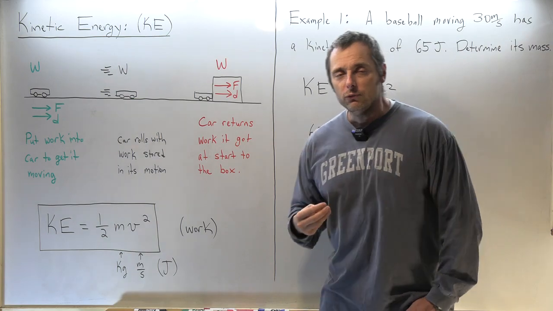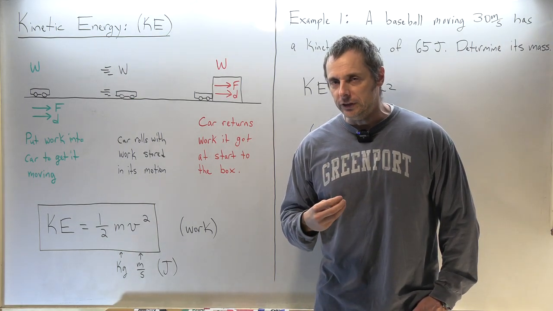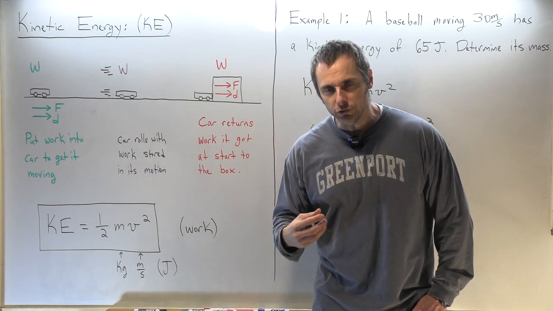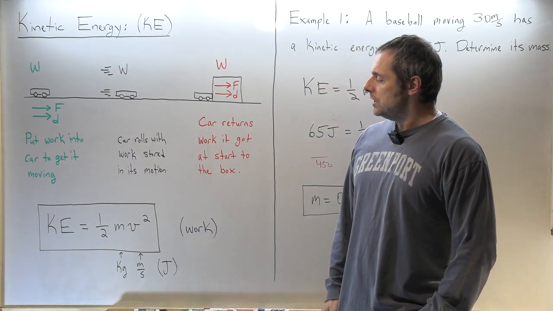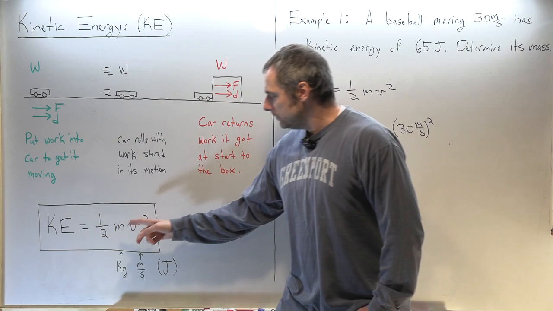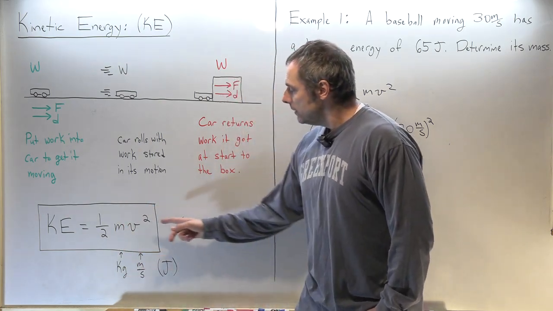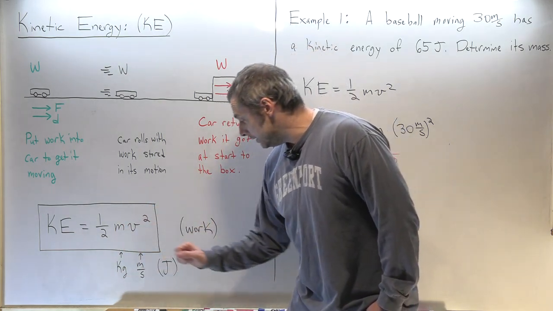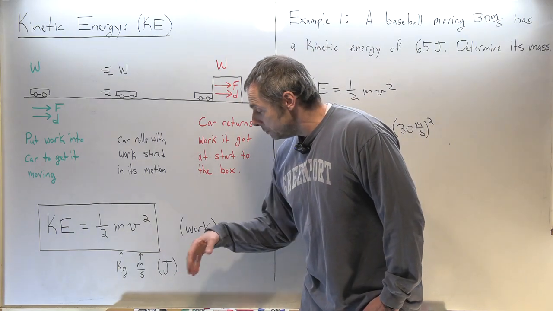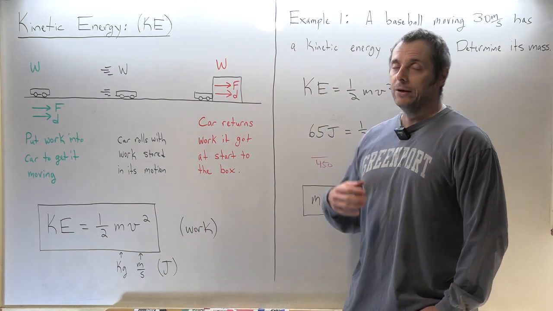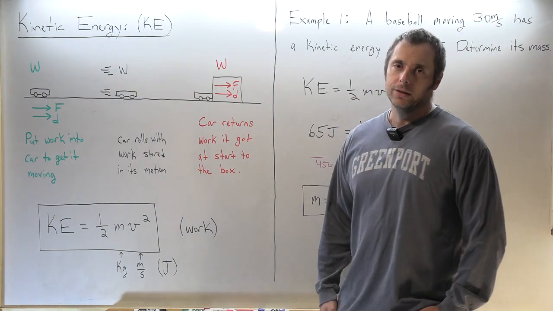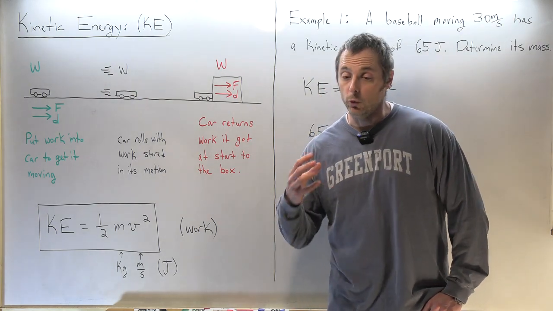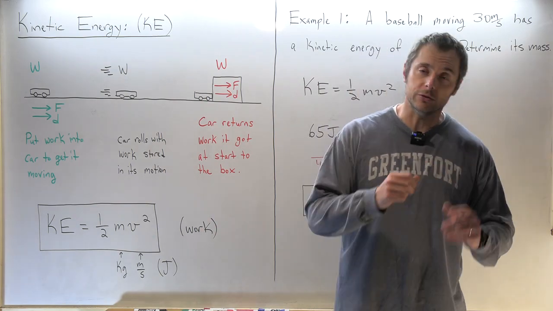That amount of work, that amount of energy stored in the motion of an object, is given by this formula. Kinetic energy equals 1/2 the mass of the object in kilograms times the speed of the object in meters per second, squared. When you put that in, you're going to get joules. But I want to emphasize again that it's the work stored in the motion: the work to get something moving, the work that it returns.